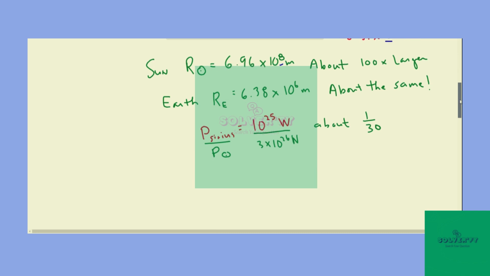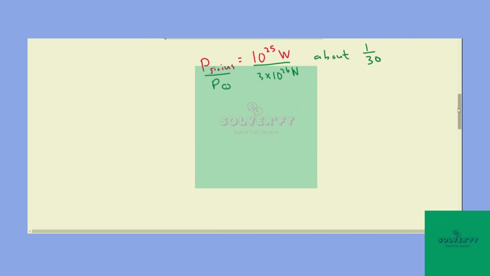The last thing we want to think about is a second law for black bodies called Wien's displacement law. And I have heard people pronounce that wine and Wien. I pronounce it Wien.